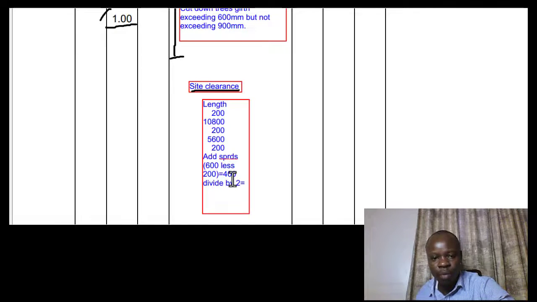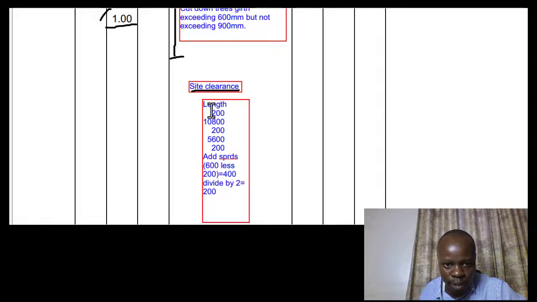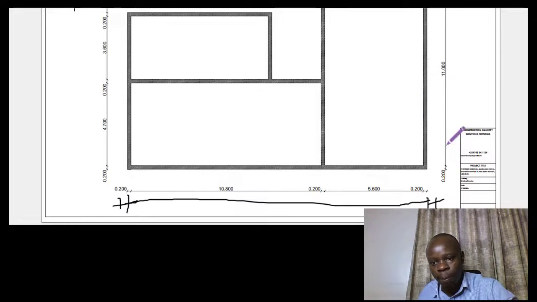That gives us a spread of 200. So once you have the spread to be 200, you are applying that 200 on either side, on side 1 and then also on side 2.